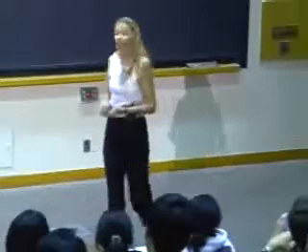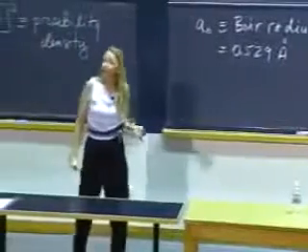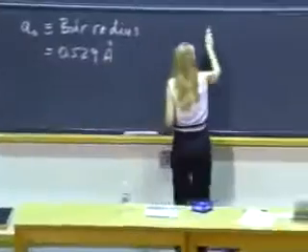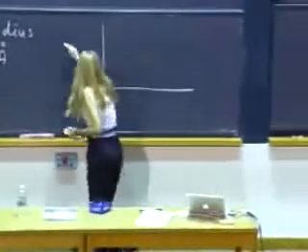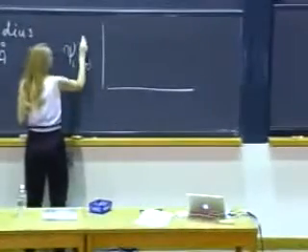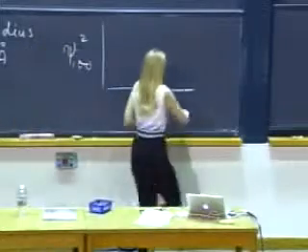Hey, that seems a little strange, because the other day we plotted the probability density for the 1s wave function. And when we did that, here's psi 100 squared versus r.